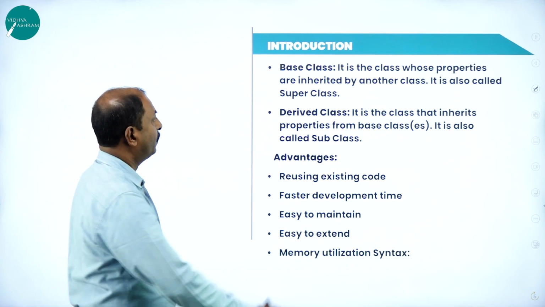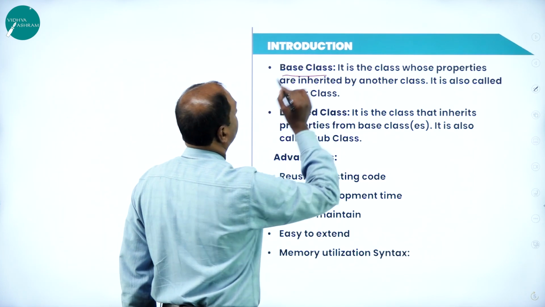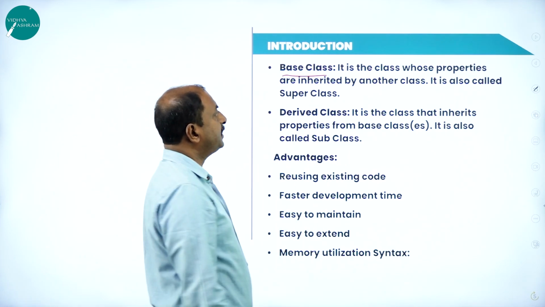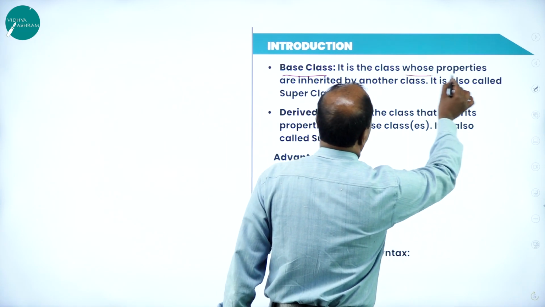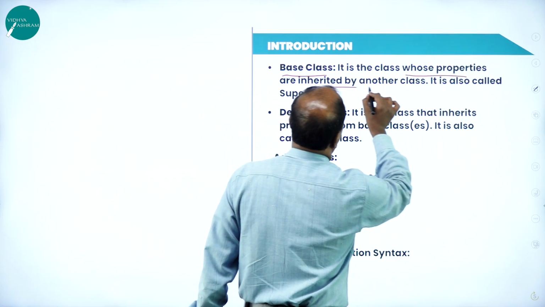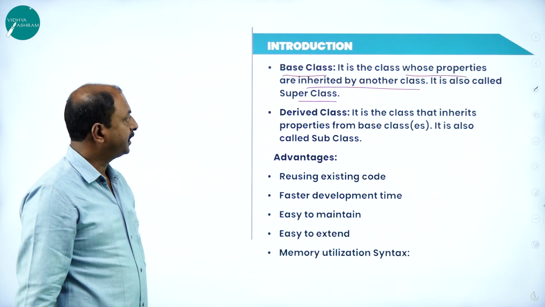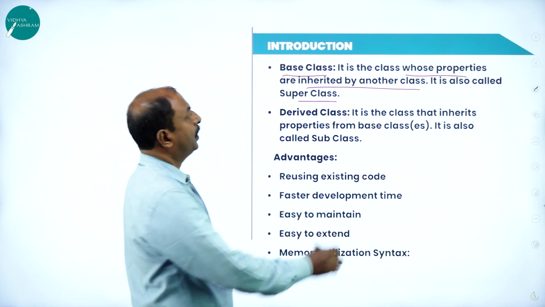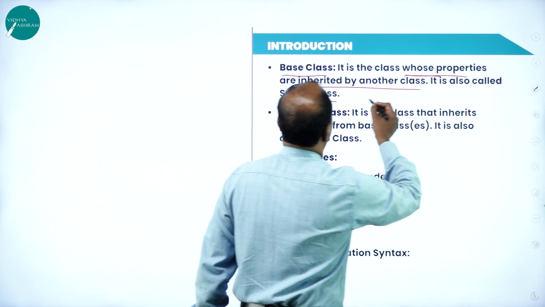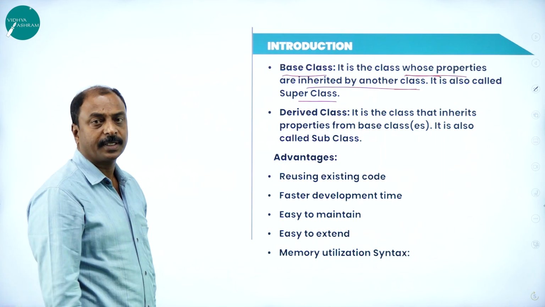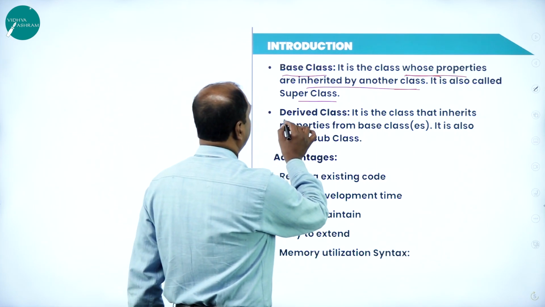Now let us see what a base class is. As we have seen in the previous slide, a base class is the class whose properties are inherited by another class. It is also called a superclass. Next definition is the derived class.